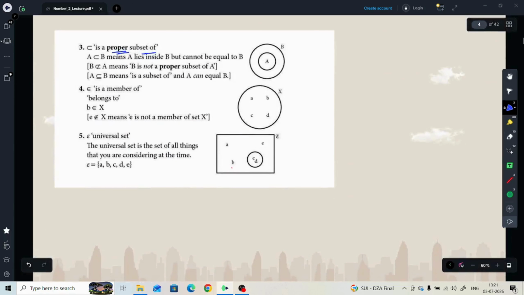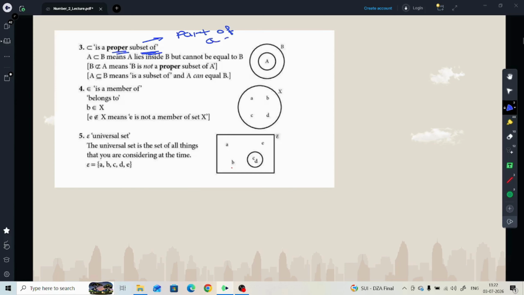The next thing we need to discuss is called subset. The subset is very, very easy to understand. What you need to understand is that subset means part of a set. For example, if I have a set A as 1, 2, 3 and another bigger set B as 1, 2, 3, 4, 5.